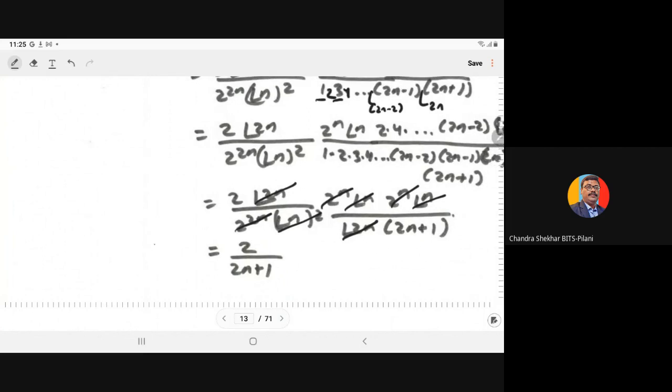That is the integral from minus 1 to 1 of Pn(x) whole square into dx. That is our second result of the orthogonality.